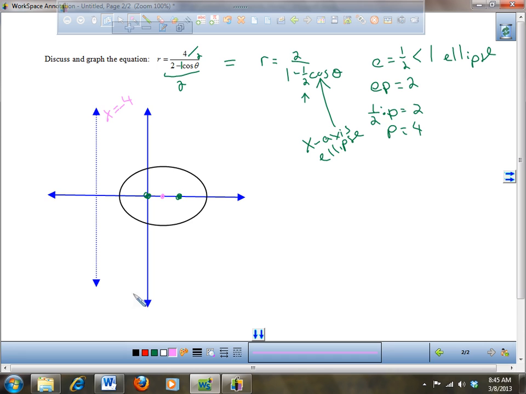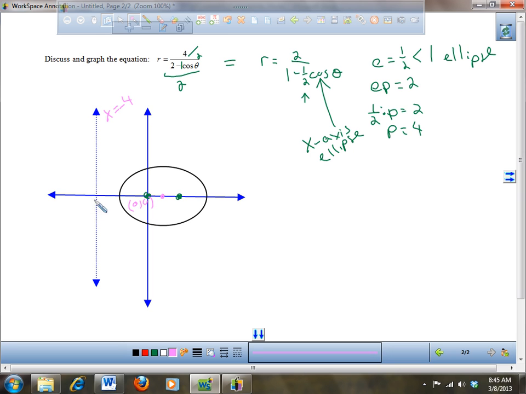All right, that's the equation of that directrix. I know this is 0, 0. Now how do I find some of these other points? This is what you do. Isn't that line right there x equals -4? Yeah, because it's p units to the left of the pole.